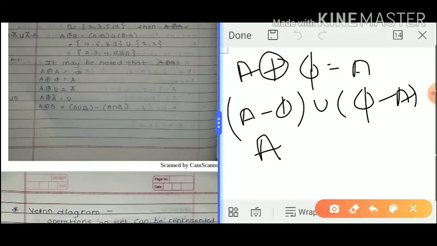The second set is the null set, so all the elements of the A set union all the elements of phi but not in A, and the phi set is null, so this is null. And A union phi is always all the elements of A, and the phi set contains nothing, so that is A. So A symmetric difference phi is always A.